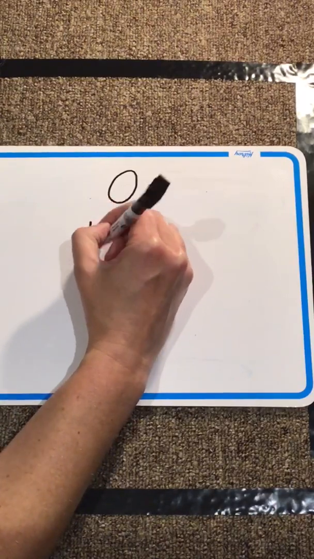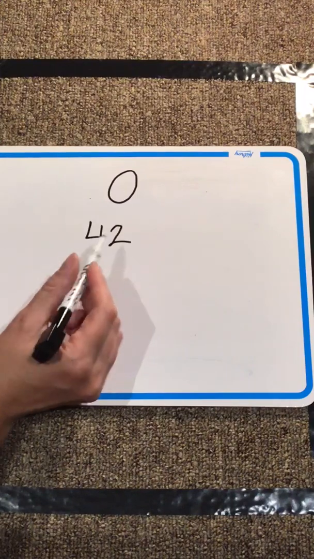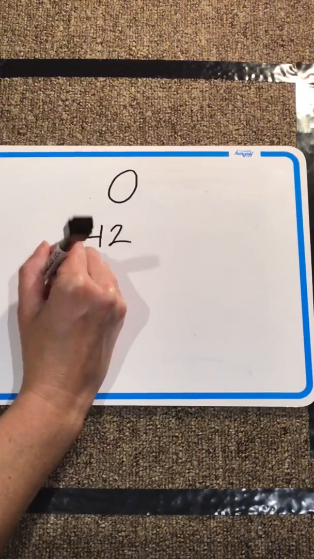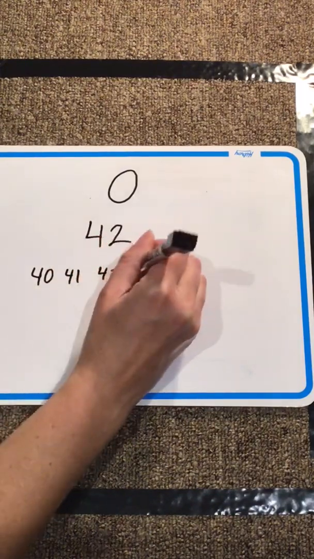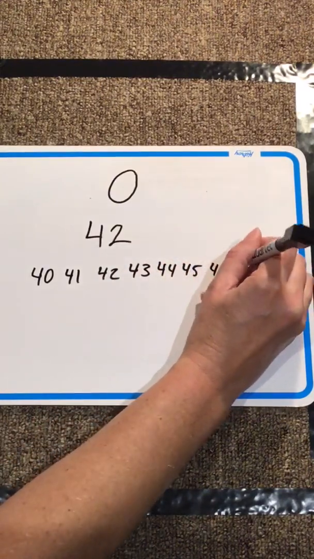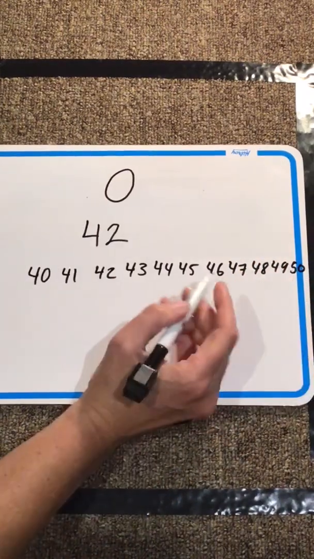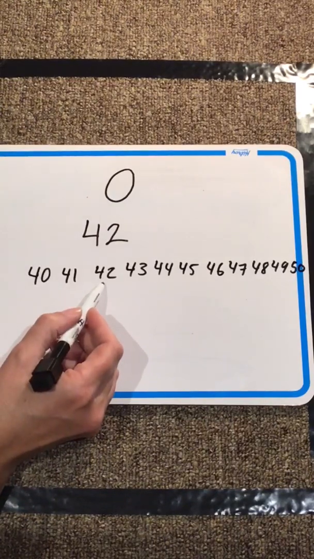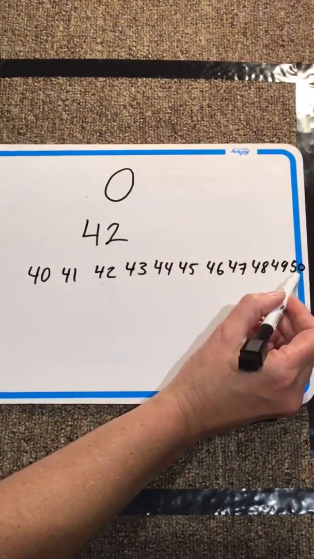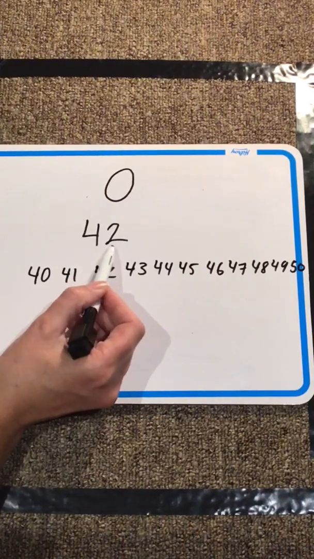So if we were rounding the number 42, and I asked you to round it to the nearest 10, we're looking at 42, and we try to imagine a number line. Oh boy, I just snuck that one in there. And we're trying to figure out whether the number we're looking at is going to be closer to the group of 10 that's below it, or is it going to be closer to the group of 10 that's above it, right? So if we want to round to the closest 10, we look next door.